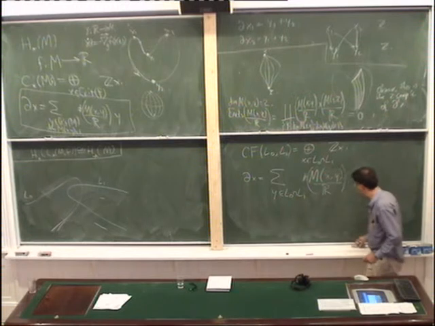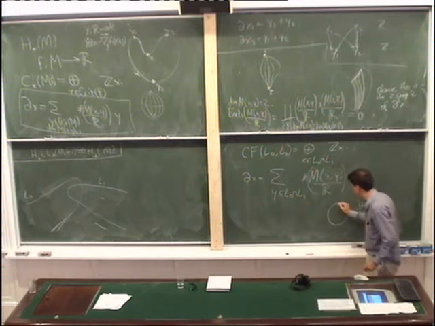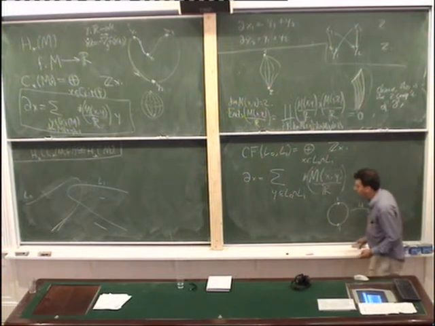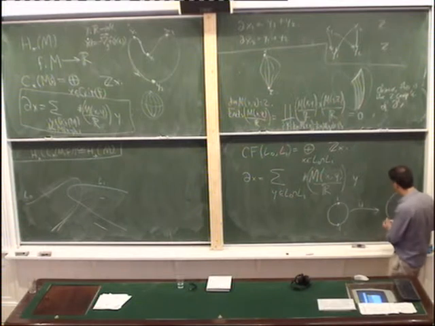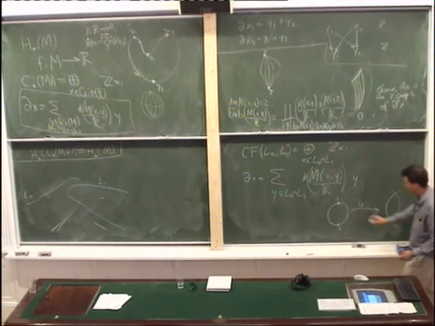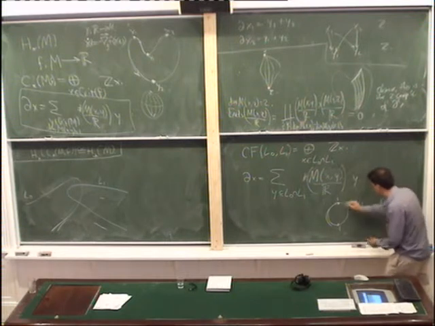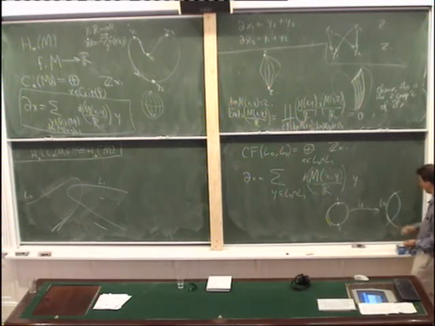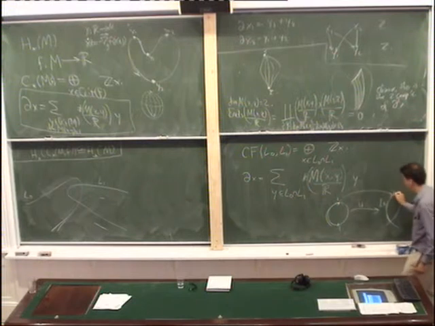That is to say, maps U from the standard complex disk with I and minus I marked, which map into our plane in such a way that the left arc goes to L0 and the right arc goes to L1. The I gets mapped to X and minus I gets mapped to Y.